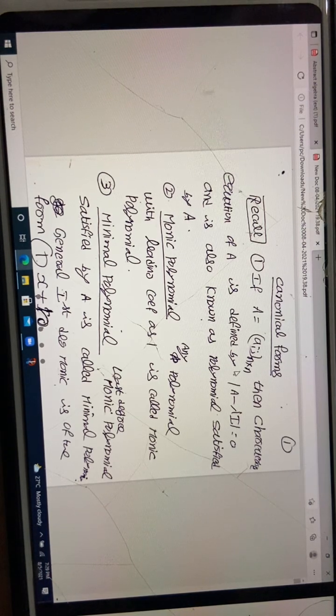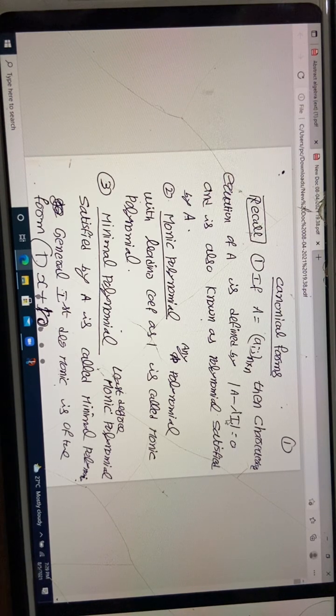If A is equal to Aij, n by n, then the characteristic equation of A is denoted by determinant of A minus lambda I equal to 0. This we have studied earlier also. This is also known as the polynomial satisfied by A. This determinant of A minus lambda I is called the characteristic polynomial. When you equate the polynomial to 0, it is called the characteristic equation.